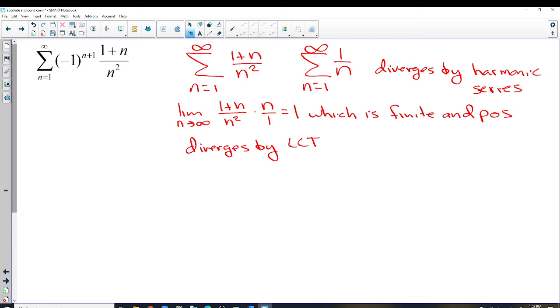Well, that's a bummer because now we have to go back to the original and use the alternating series test. So the limit as n approaches infinity of 1 plus n over n squared is equal to 0. So it passes the nth term test. Well, now we have to be able to say (1 plus n plus 1) over (n plus 1) squared is less than (1 plus n) over n squared for n greater than or equal to something.